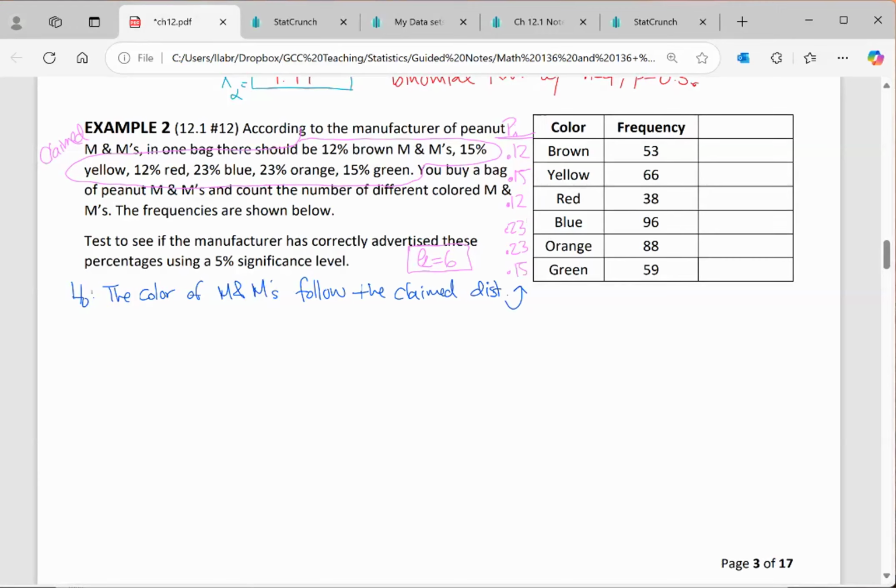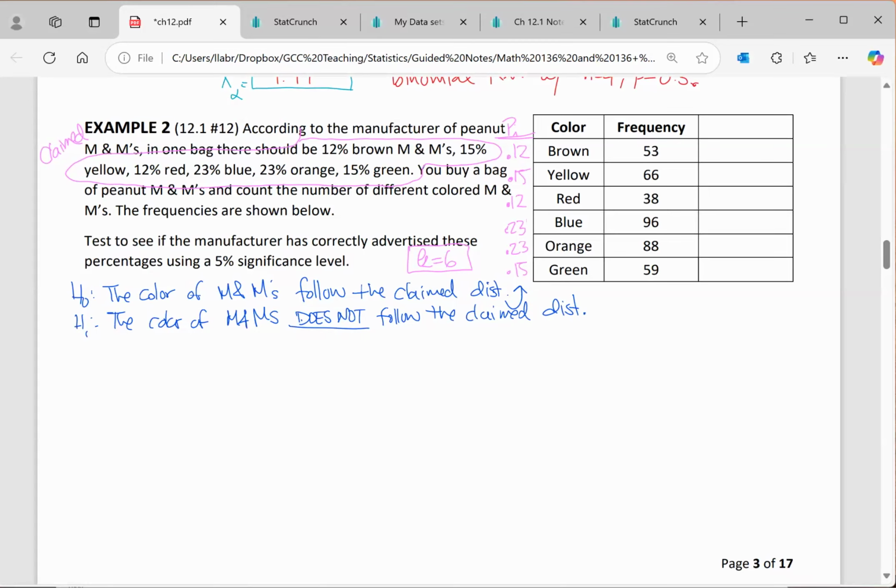That's the null. The alternative is that the color does not. I guess I should be more precise and say peanut M&Ms, but that's okay. All right, so we got our hypothesis.